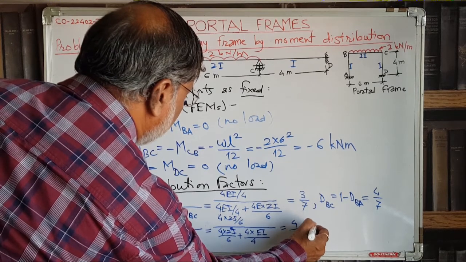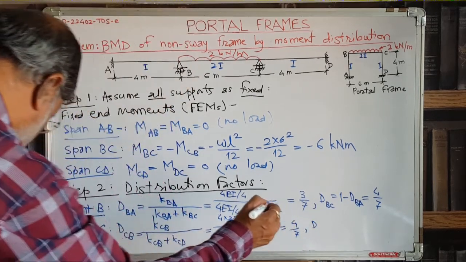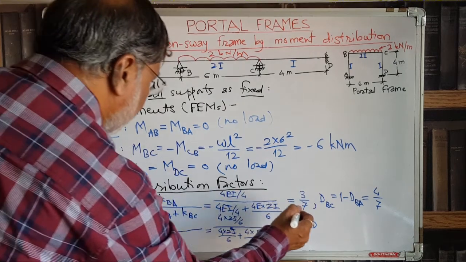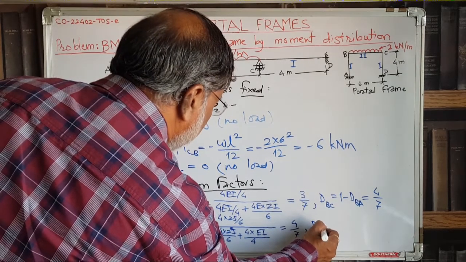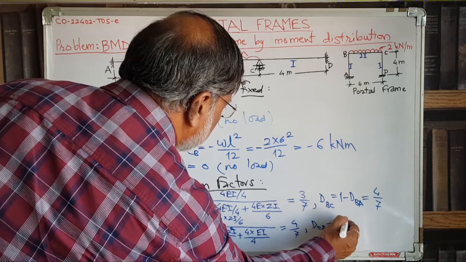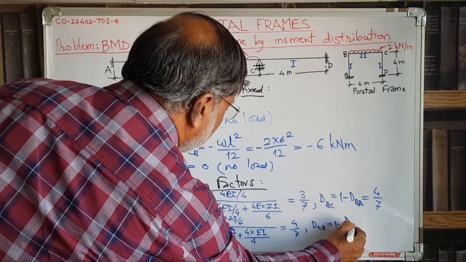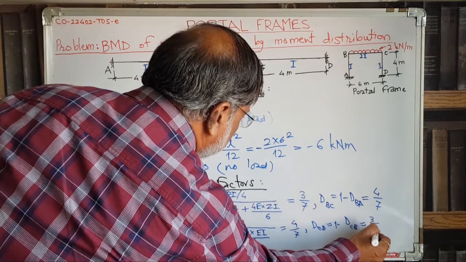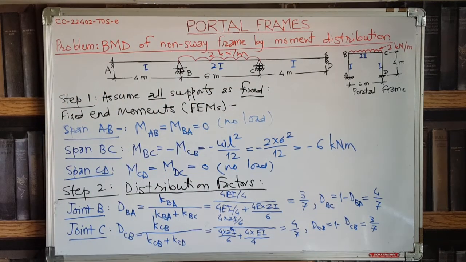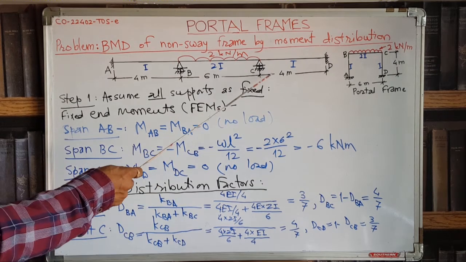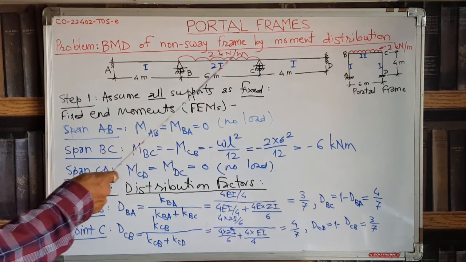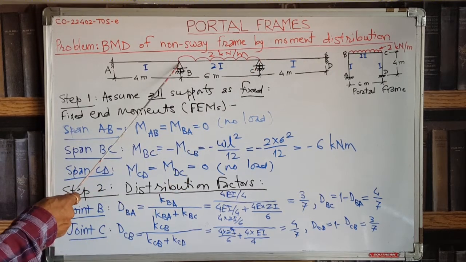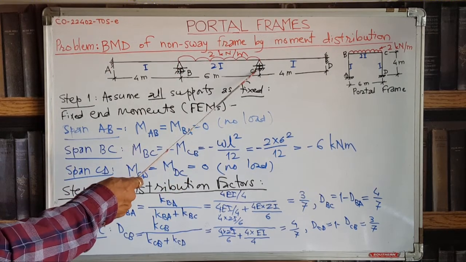And therefore we get the other factor as DCD equal to 1 minus DCB equal to 3/7. So the distribution factors at C, this is 4/7, this is 3/7. Here this was 3/7, this was 4/7.